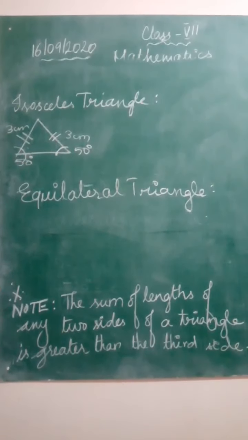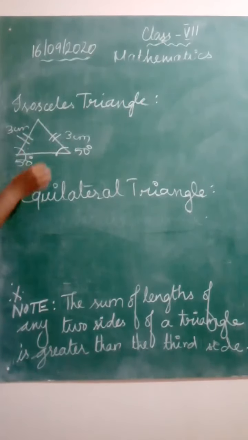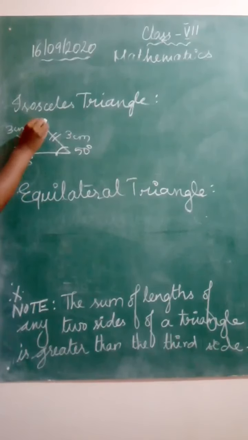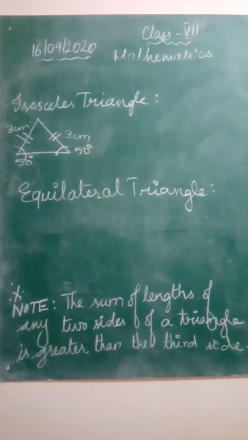also equal. Okay. If in case these two sides are not equal, but this side and this side are equal, then the angle opposite to this side and the angle opposite to this side will be equal. So consider any two equal sides, and the angles opposite to those two sides will be equal in measure. Okay.